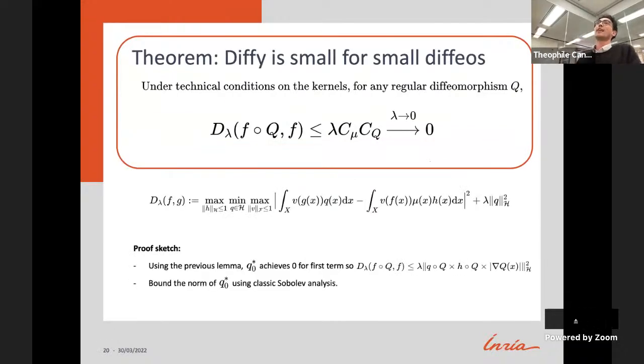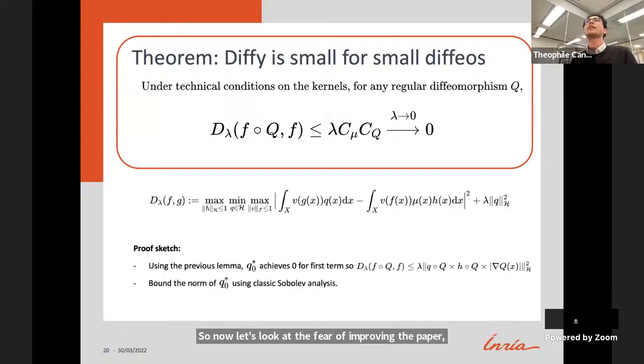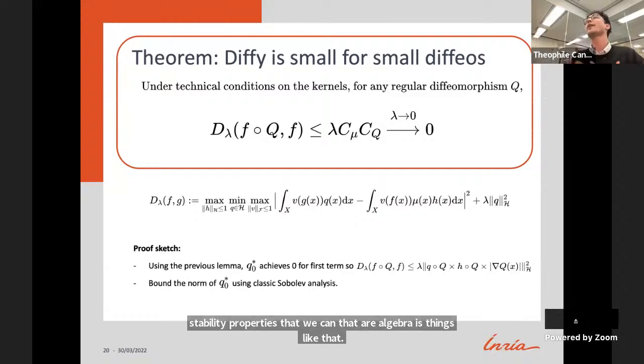So now let's look at the theorem we prove in the paper, which is, so under some expressivity and, let's say, functional hypotheses on the kernels, so that the spaces are rich enough and have some good stability properties, that are algebras, things like that. For any regular diffeomorphism, we can prove the following result.